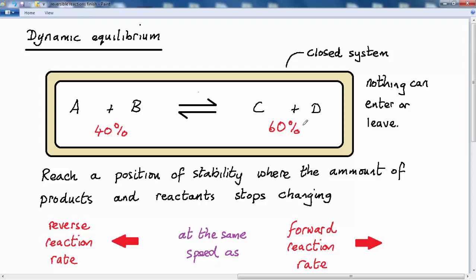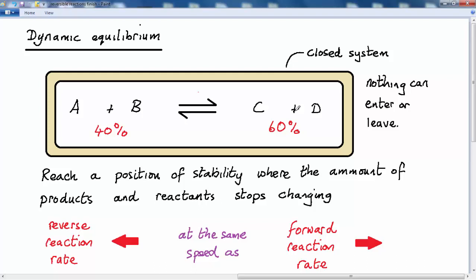So what we're going to do in the next lesson is learn how we can shift the position of equilibrium. In a particular industrial process, we may be interested in obtaining C and D. We don't want A and B, and that happens in lots of chemical reactions.